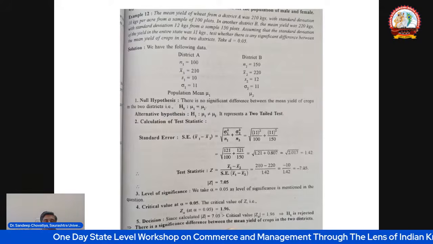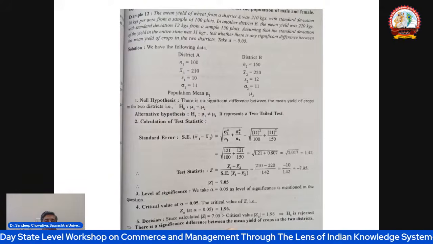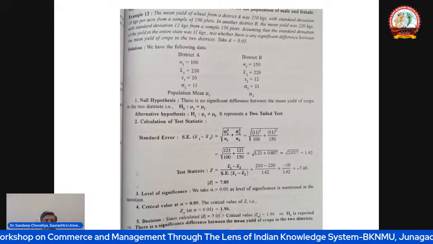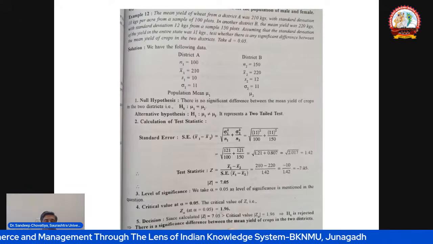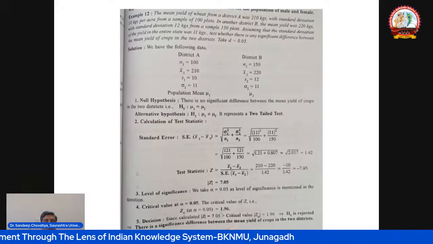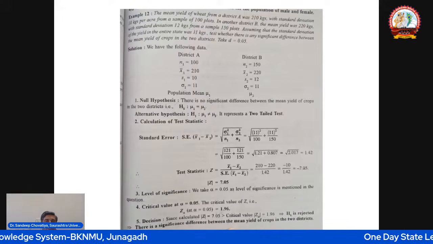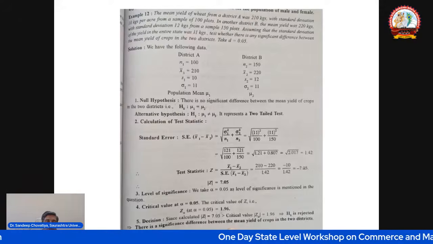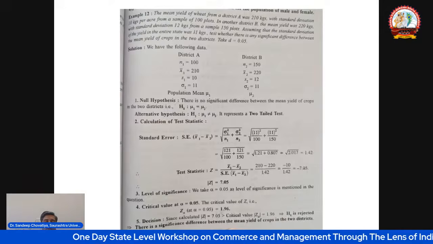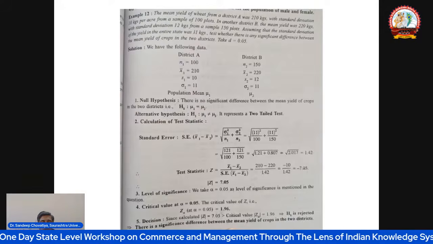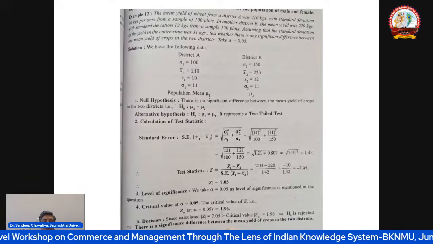220 kg, with a standard deviation of 12 kg, with sample plot size n which is 150 plots. Now we have to compare whether there is really a significant difference between the two. So when we go for the analysis, ultimately we get the z value, as we have seen in the previous sums.